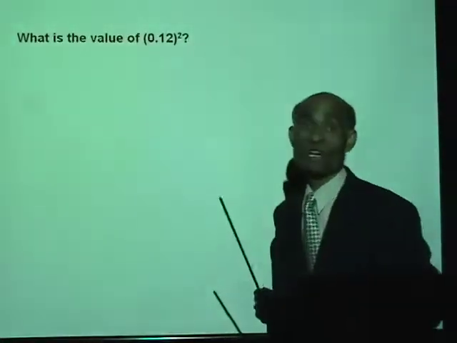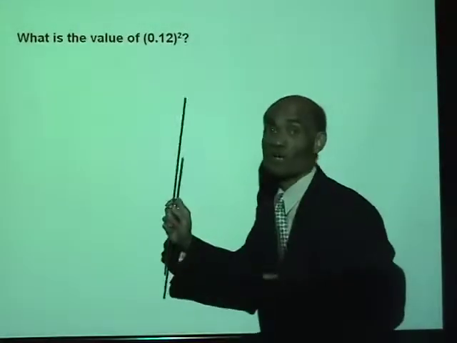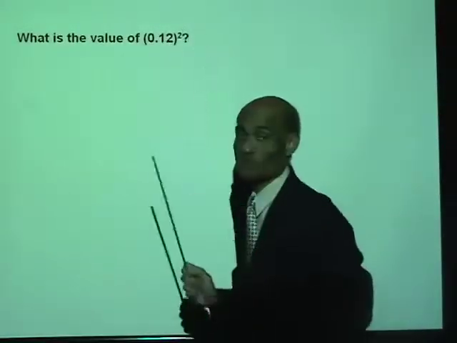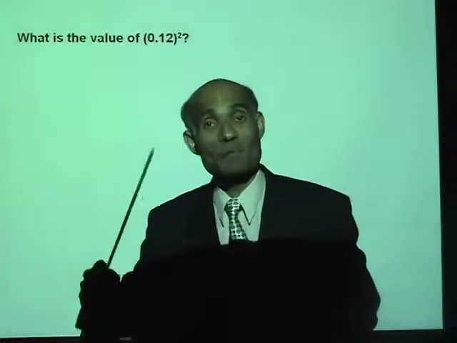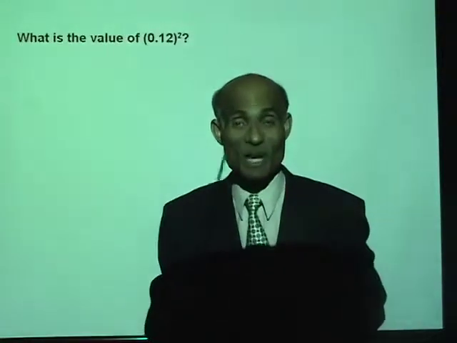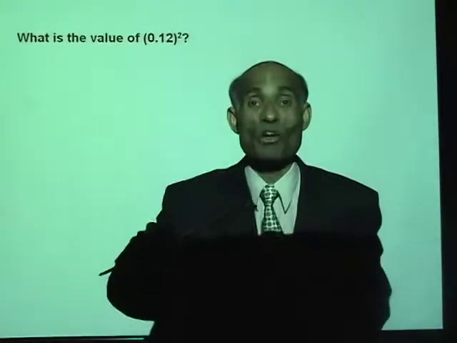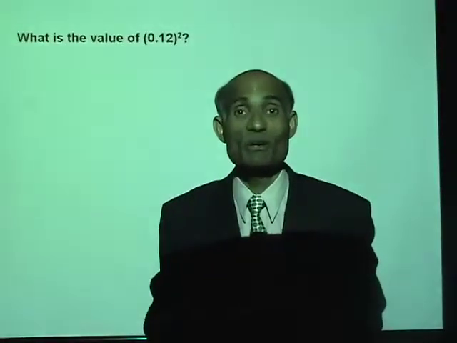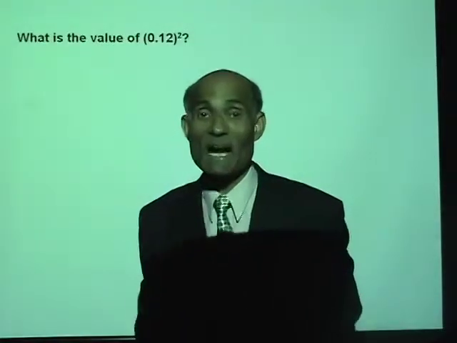Try this now. What is the value of 0.12 raised to the power of 2? That is 0.12 multiplied by 0.12. Can you do that on your own? What I would like you to do is hit pause on the video and do this on your own. What is the guideline?